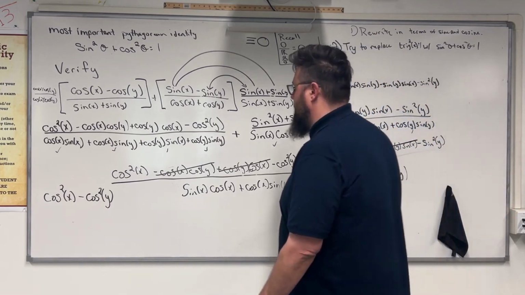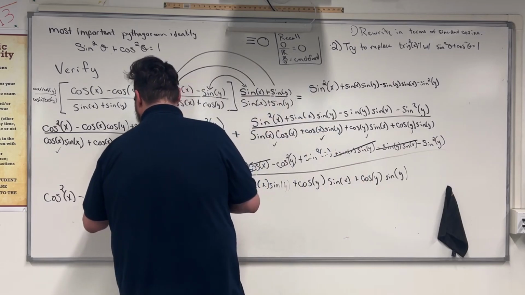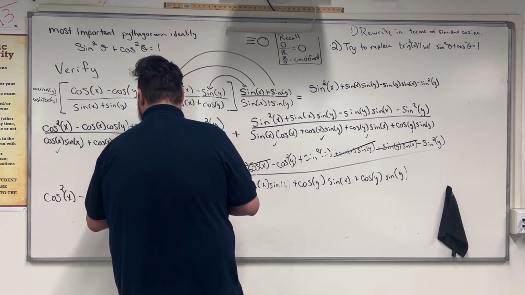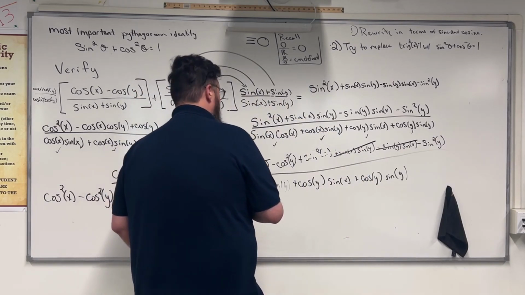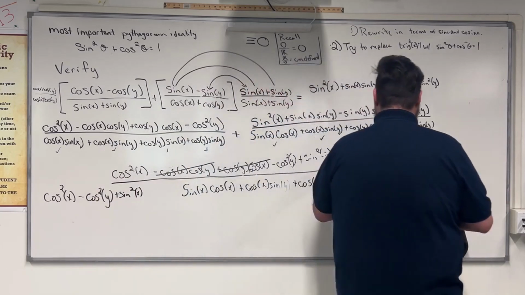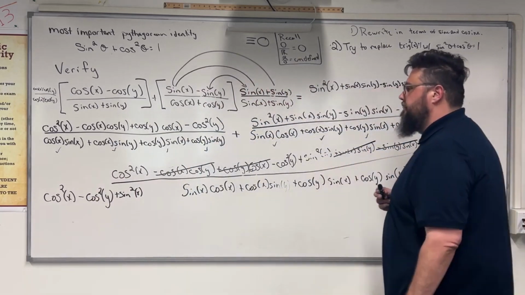So next I have plus sine squared x, usually you guys are here to yell at me for that. At least call it to my attention, I should say. And minus sine squared y.